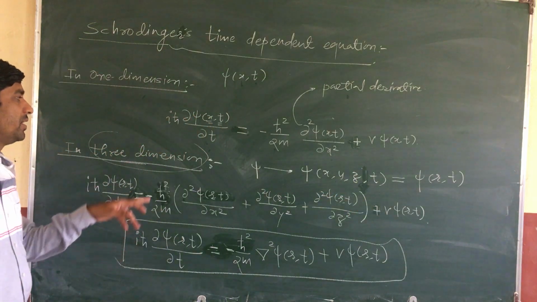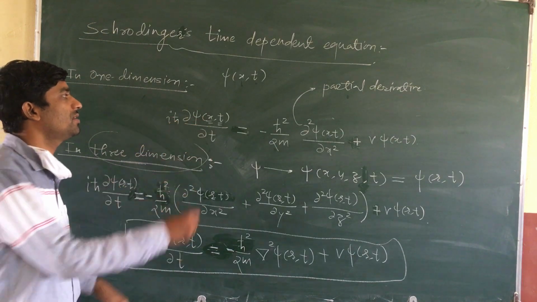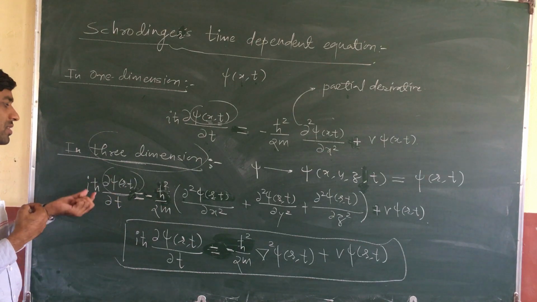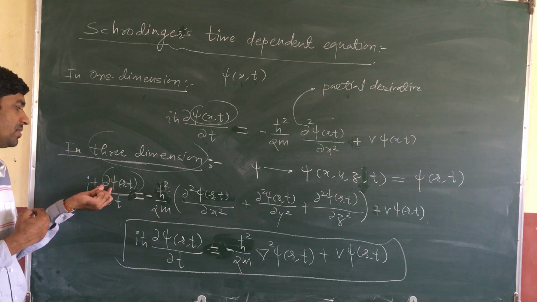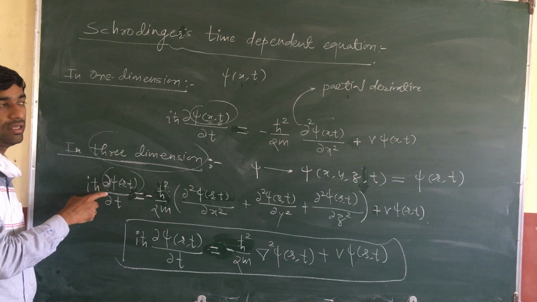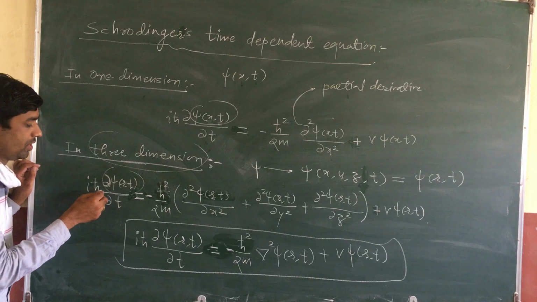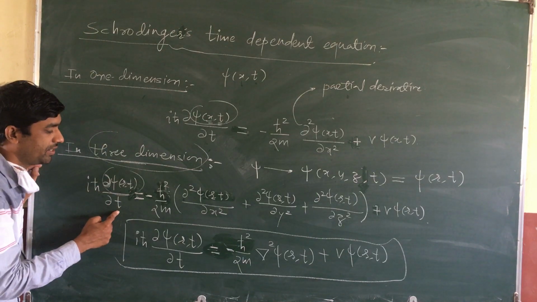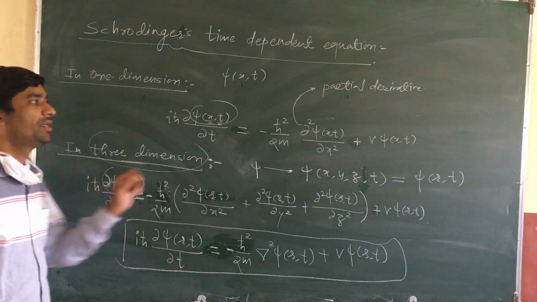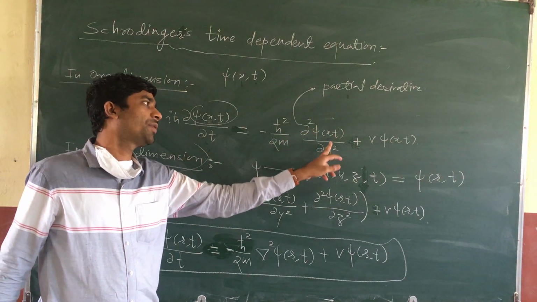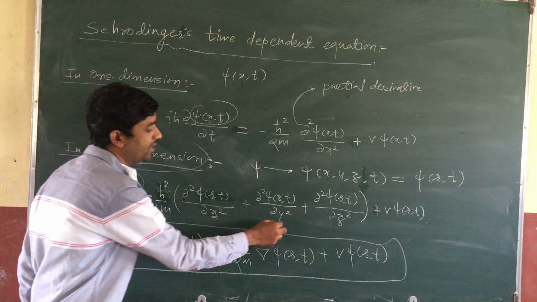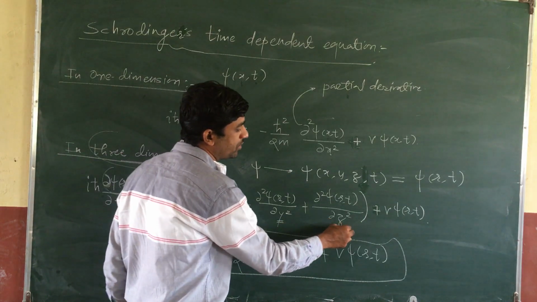Similarly, here you have to replace psi of x, t with psi of r, t. So this equation will be iħ ∂ψ(r,t)/∂t equals minus ħ² divided by 2m, and here we have to differentiate with respect to x, with respect to y and with respect to z.